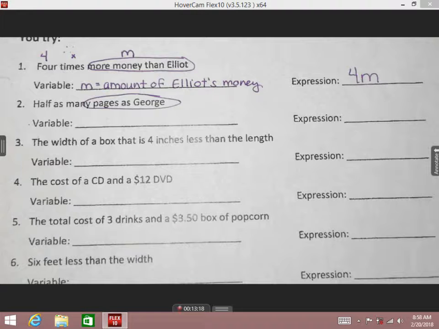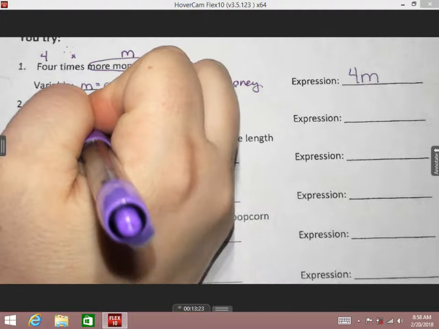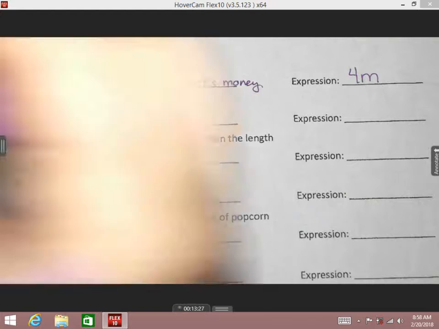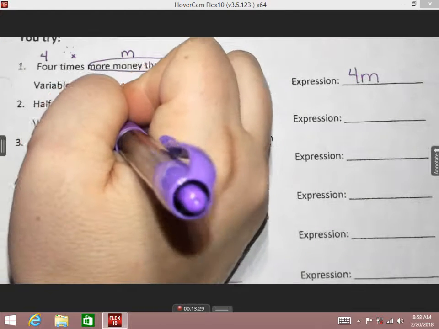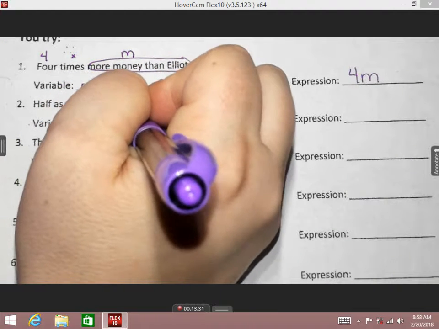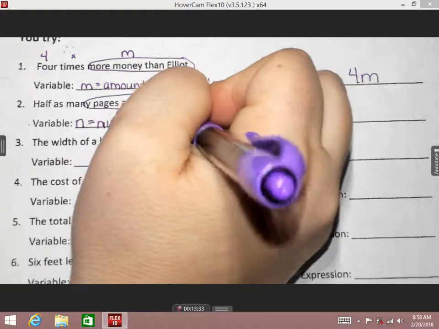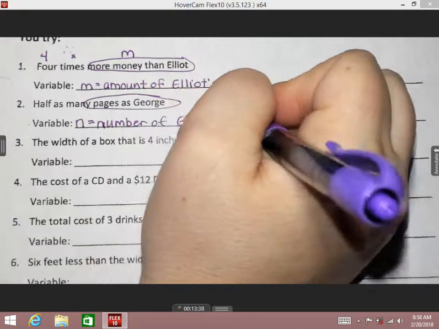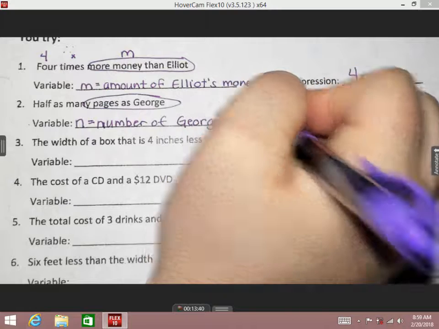Cameron? P. We could use P for pages. All right, guys, you can use N. What would N stand for? Number of George's pages. All right, guys, it's important.